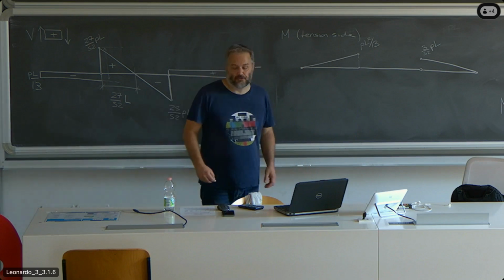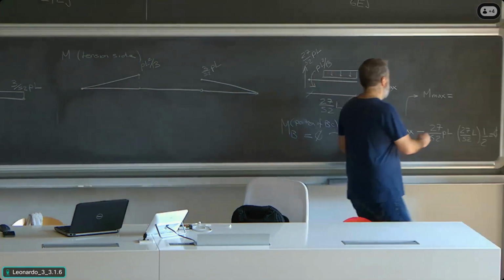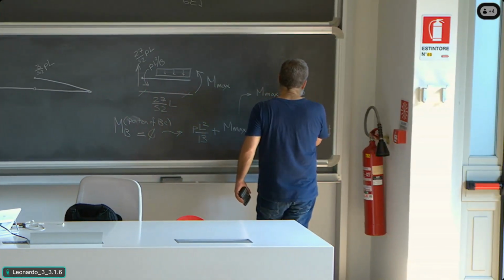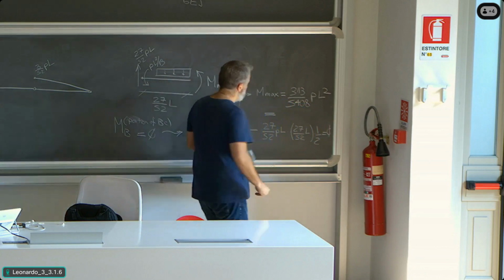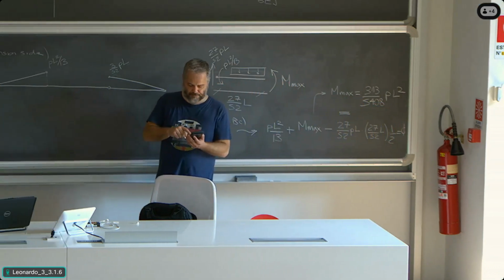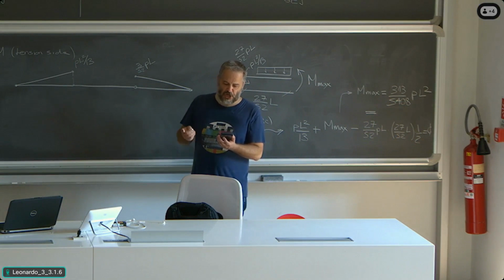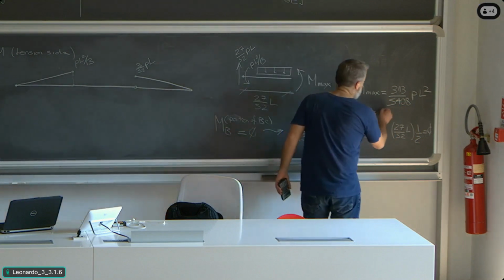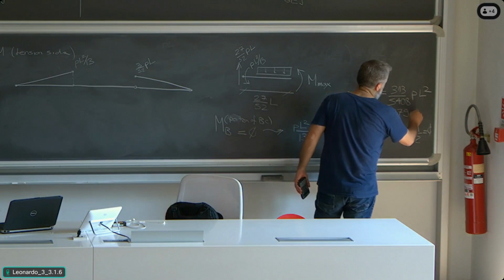I will write it with fractions and then the value in decimal points. So the fraction is 313 divided by 5408 PL squared, which is equal to what? 0.0579. 0.0579 PL squared.